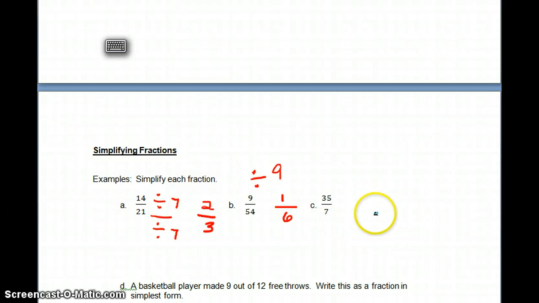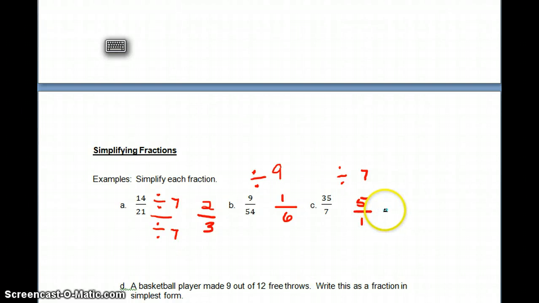And for letter C, we should be able to see that we can divide out a 7. So when we divide by 7, 35 divided by 7 leaves us with a 5, and 7 divided by 7 gives us 1.